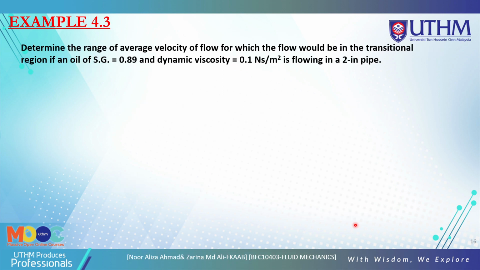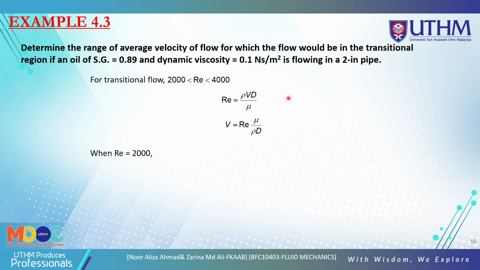For example 4.3, we want to find when the flow would be transitional. Determine the range of average velocity. For transitional flow, Reynolds number 2000 to 4000, so we use the Reynolds number formula to get the velocity. When Reynolds number is 2000, the velocity is 4.424 meter per second.